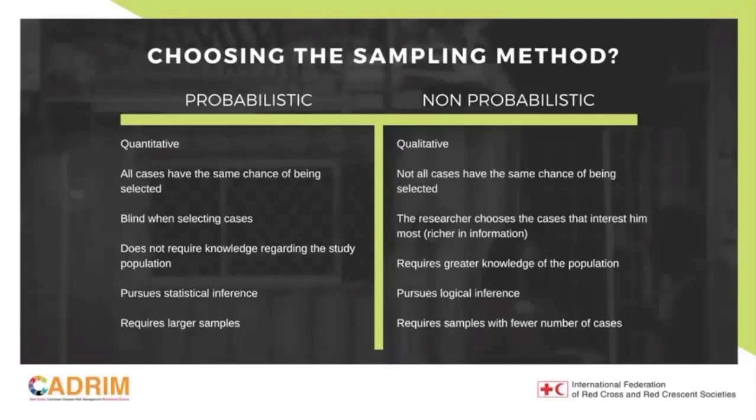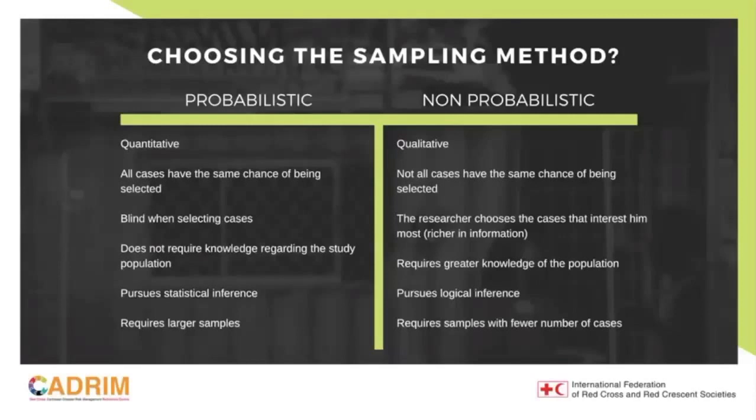That is more for qualitative studies, because you are going to select in advance the people that you are going to interview. For example, not all the cases, as we can see here, have the same chance of being selected, because you determine beforehand what kind of people you need for your research or study.